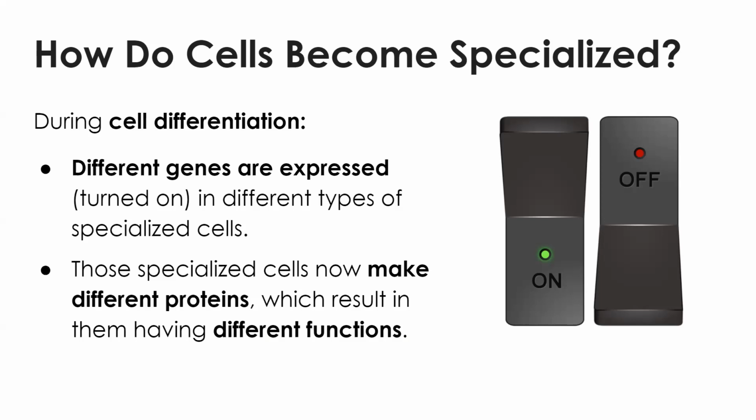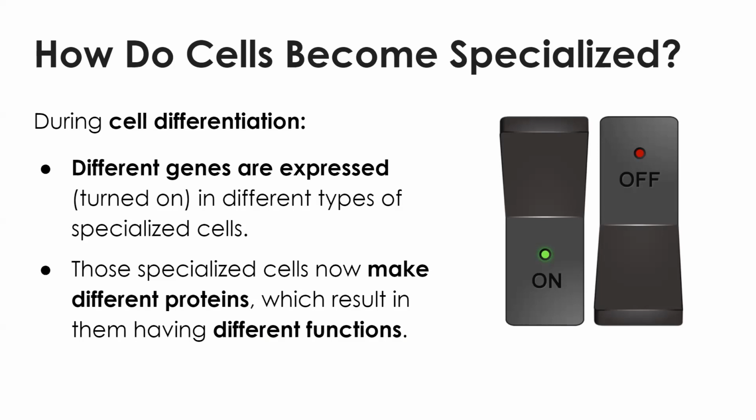There's a protein to make fats in your body. There's a protein to make enzymes to break down certain things in your body. There are different proteins for different functions. And so your different genes are expressed when those different proteins are turned on. And when they're not turned on, then those proteins aren't expressed.